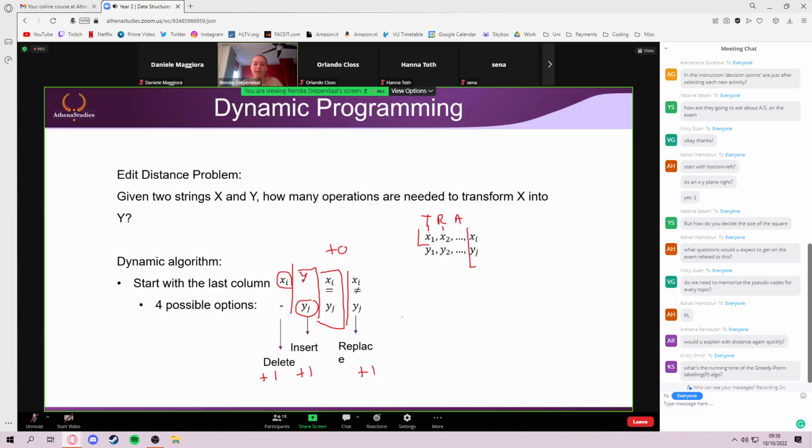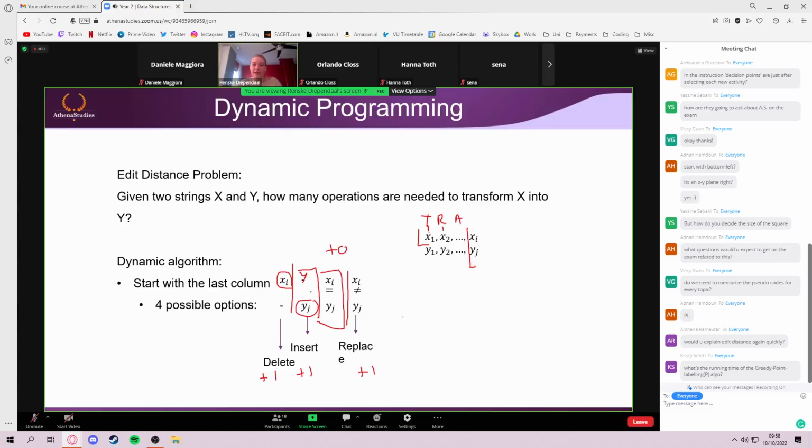Right, so we either have the case that we do have a letter xi, but not from the y. We could also say we don't have a letter from the x, but we do have a letter from y. Or we have a letter from x and a letter from y, which might match or might not match. If you have a letter from x but not from y, you need to delete the letter from x to make sure it matches y.